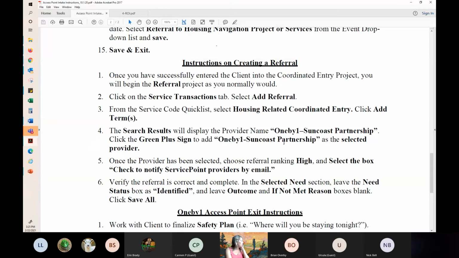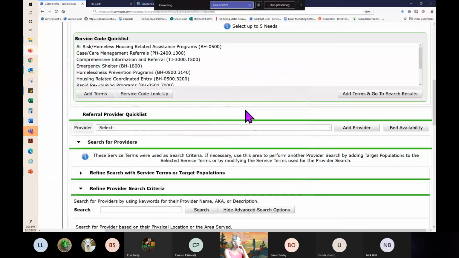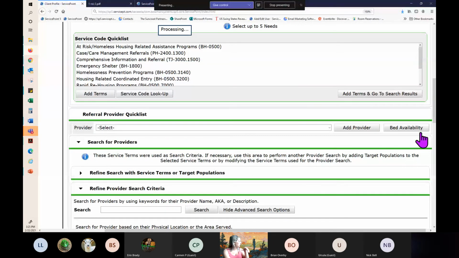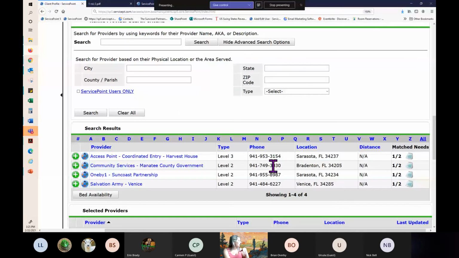That's weird. Your service code quick list, if you are in the access point EDA, will be housing related coordinated entry. I'm not sure why it's not showing up on Nick's EDA. Oh, wait, there it is. I'm sorry, guys. See, we all make mistakes.